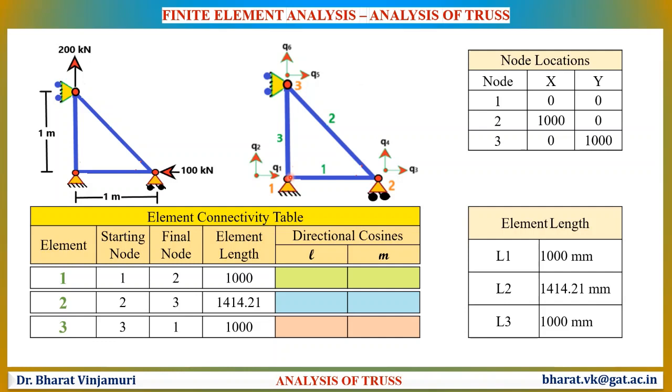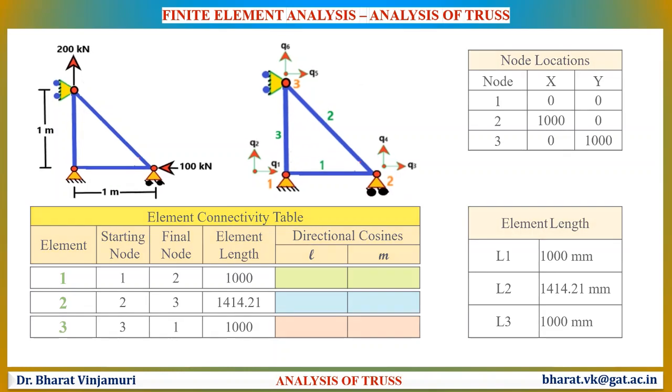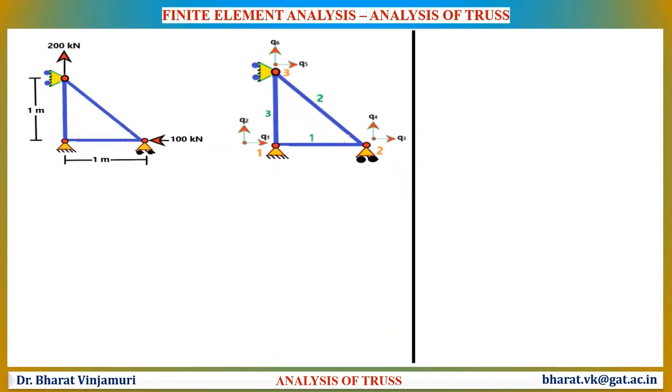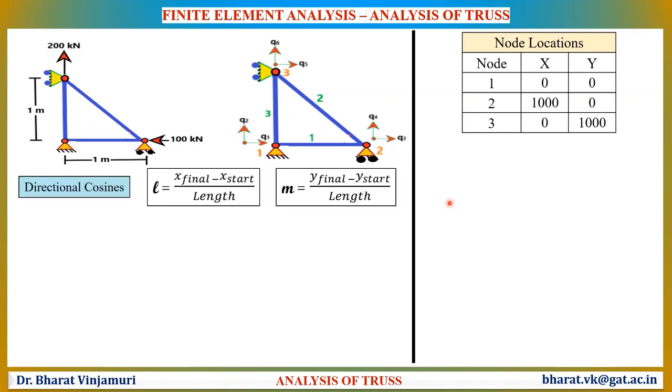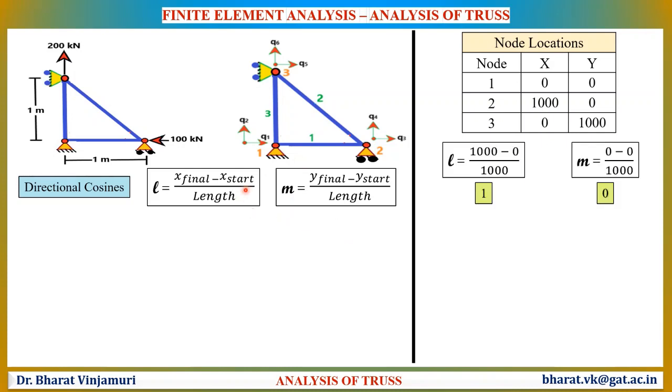Let us now determine the directional cosines. Nodal locations play a very important role in determining the directional cosines. These are the equations of directional cosines. By substituting the corresponding x coordinates of final as well as starting nodes of element number 1 in these equations, we will be getting the value of L and M for element number 1.